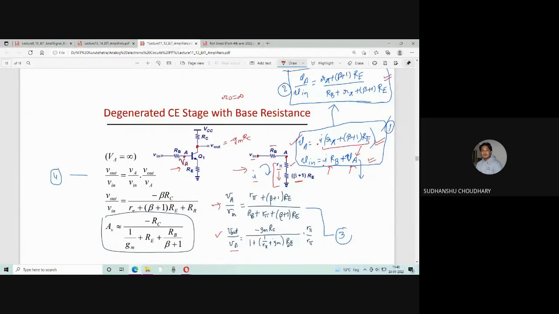Okay. So now why do we want to find this relation? Because we want to find the overall gain of this circuit, which will be equal to the ratio of V out and V in. So the overall gain would be V out by V in, which I can write by multiplying and dividing, sorry, multiplying here by VA and here also by VA.